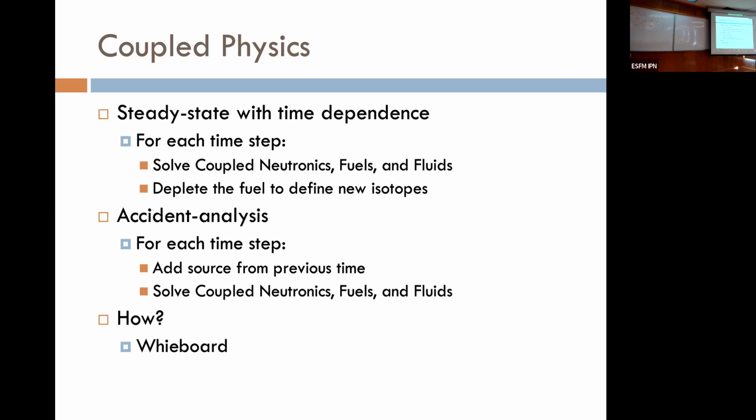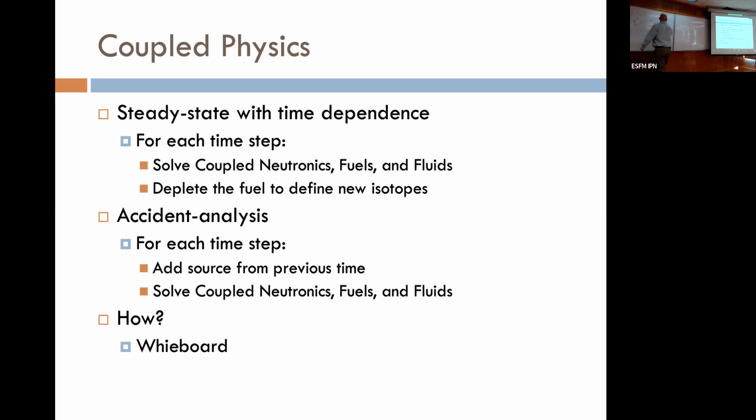So for a given group in a given direction, I have scattering from all directions and all energy groups into my current group G. And I divide it by 4 pi, because that's covering all directions, so that puts it into my direction.